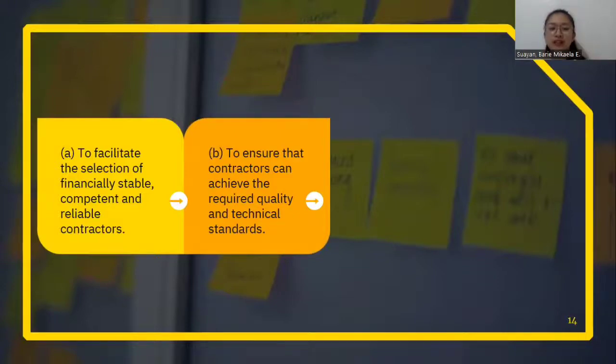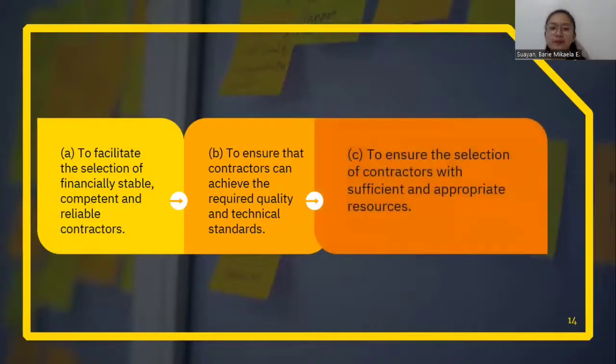B. To ensure that contractors can achieve the required quality and technical standards. Kasi kapag hindi na-achieve ang isang required quality and technical standards, ay hindi maganda ang kalalabasan at ang project ay walang foundation. Kaya dapat ang management ay ini-ensure ang kakayahan ng isang contractor.